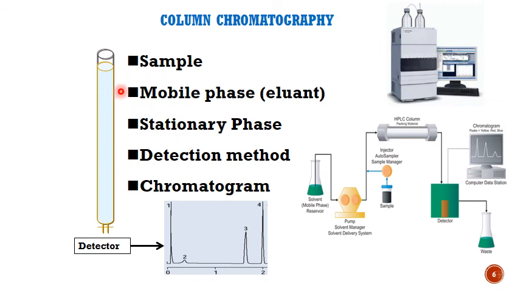Components having more affinity to the mobile phase will move faster and will be first detected by the detector. Okay, so this is the first component detected by the detector. Components having lesser affinity to the mobile phase and more affinity to the stationary phase will be retained more and hence will appear later on the chromatogram.